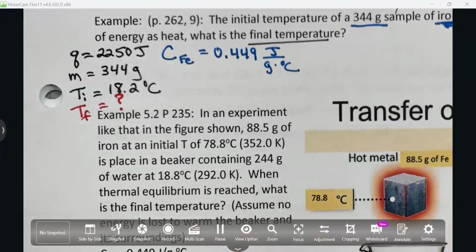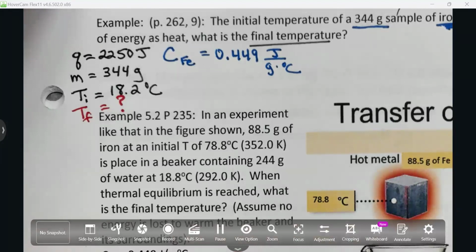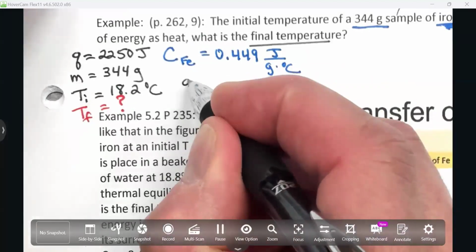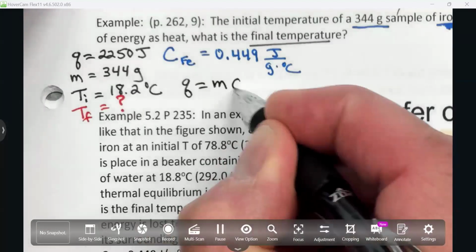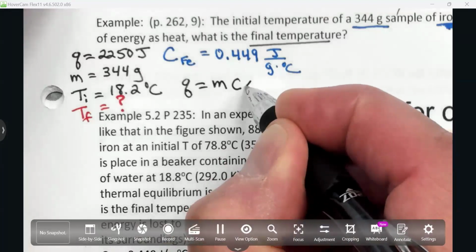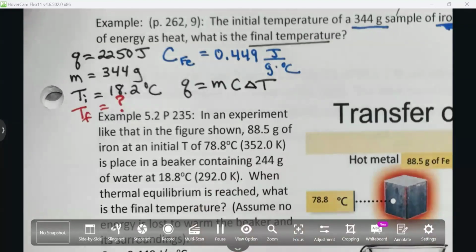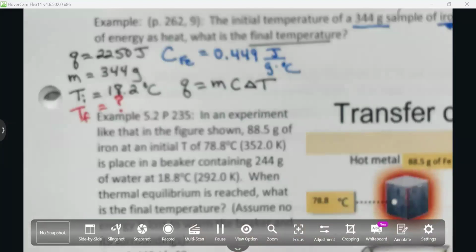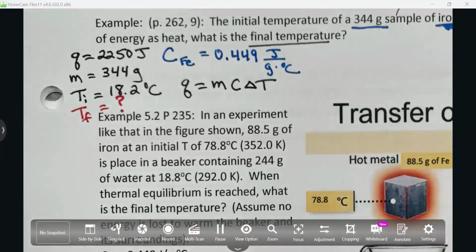Okay, so we know we have Q is equal to MC delta T. The easiest thing to do is going to be to calculate our temperature change, because we want to know what the final temperature is, right?